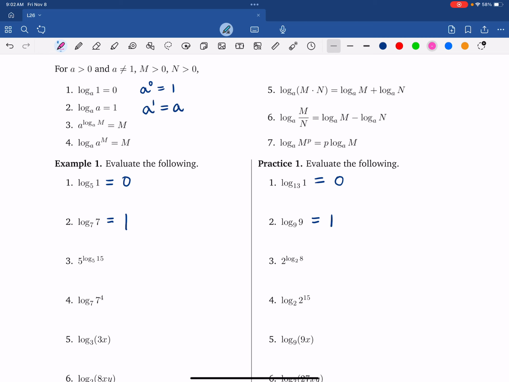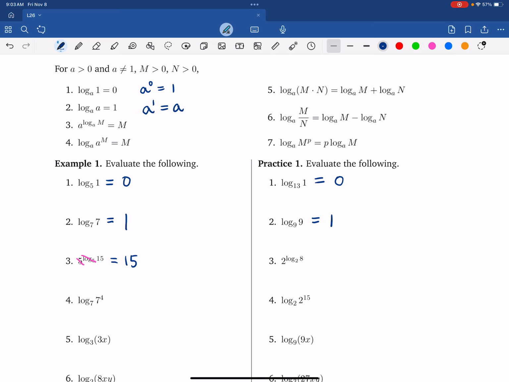As a result, they are inverse operations. So what you do is you simply cross them out, and then you write down what's left. So if you cross them out, we have 15. You could also use property number 3 to demonstrate that, but simply the reason why they cancel out is because exponents of A and log base A, they are inverse operations.